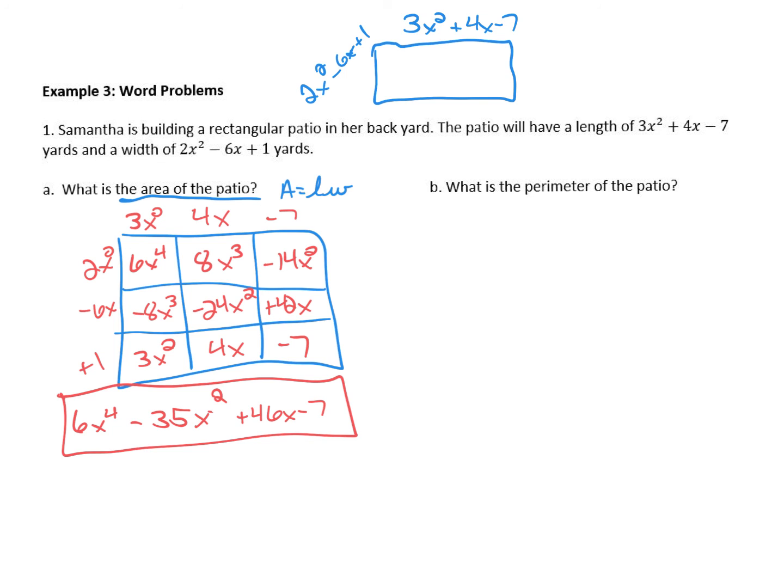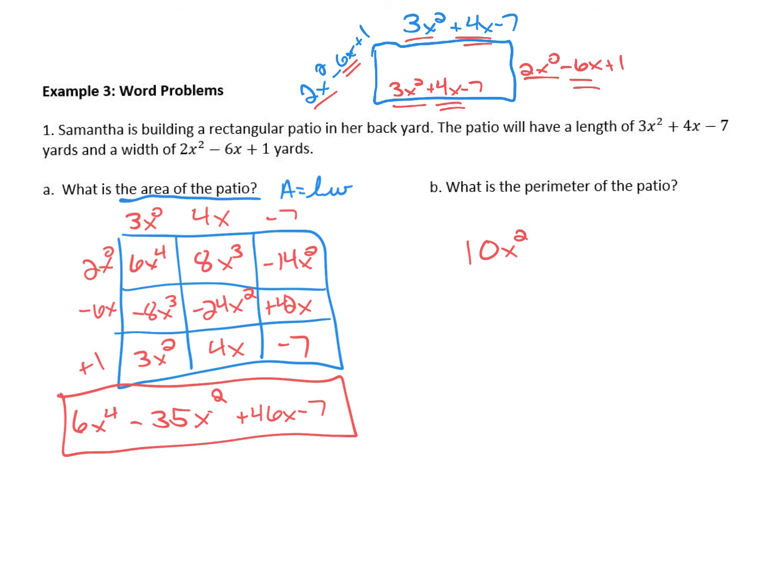Second question, part of this is what is the perimeter? Well, perimeter, if we're going to try to add this up, maybe we want to fill in these missing sides just to make this a little bit easier. So if we are going for perimeter of the patio, that means add them all up. So what are all our x squared? Well, that's 3 plus 2 plus 2 plus 3, which looks like 10x squared. If we go to the x's, negative 6 plus 4, negative 6 plus 4.